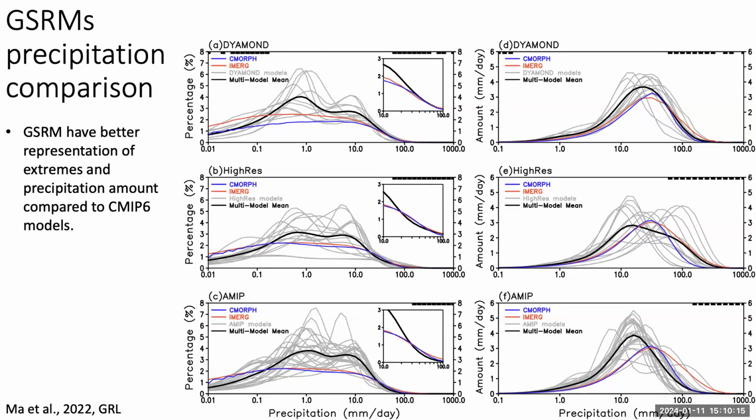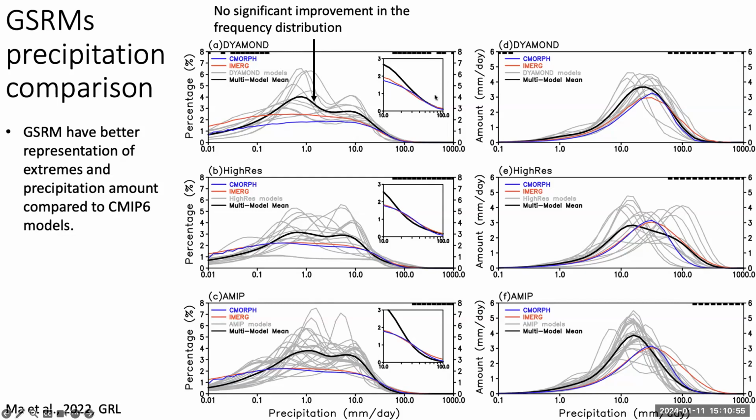Another place where GSRMs seem to do a better job is the precipitation distribution. Here are different ways to look at it. On the left-hand side, we are seeing the frequency distribution of each precipitation rate, and this is the amount of rain that each precipitation rate contributes.